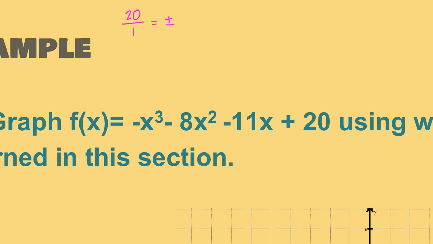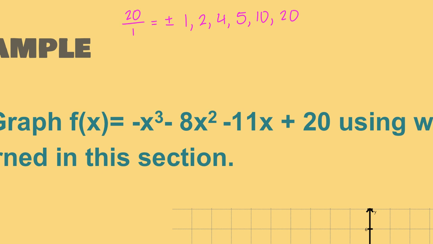Keep in mind all my possible answers are going to be positive and negative. So in this case, factors of 20, I don't have to write it over 1 because it's going to give me a whole number. I'm going to have 1, 2, 4, 5, 10, and 20.